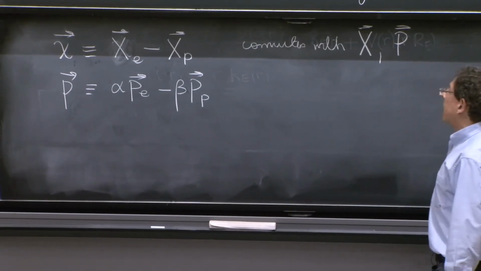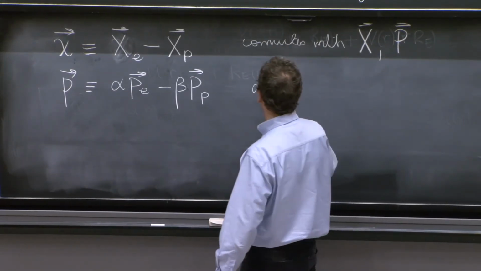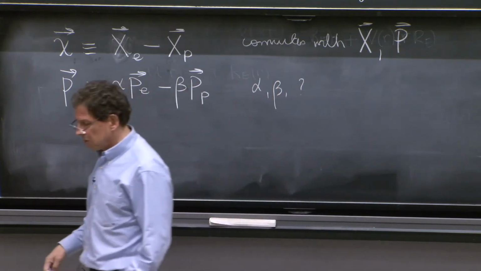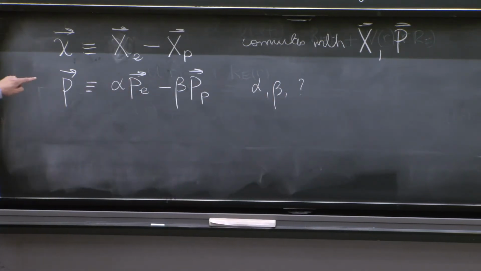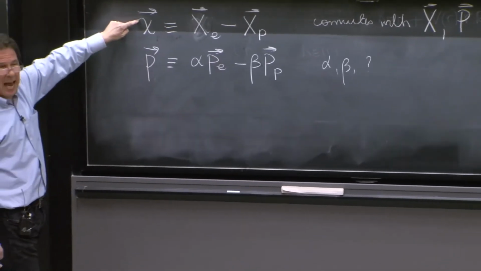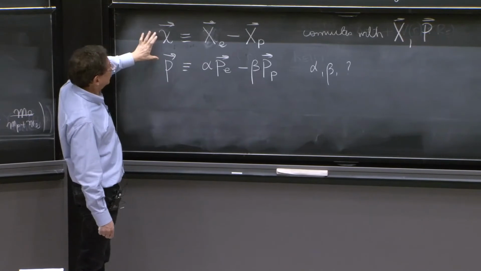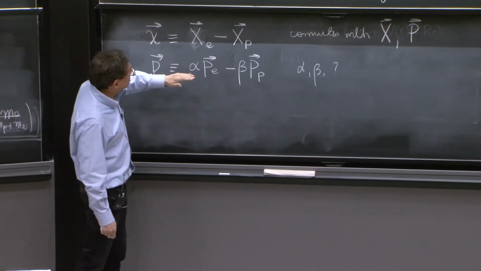And we don't know what alpha and beta are, but now you can more or less be confident. I need that this momentum with this x give me 1 iħ. So that will put a condition on alpha and beta.